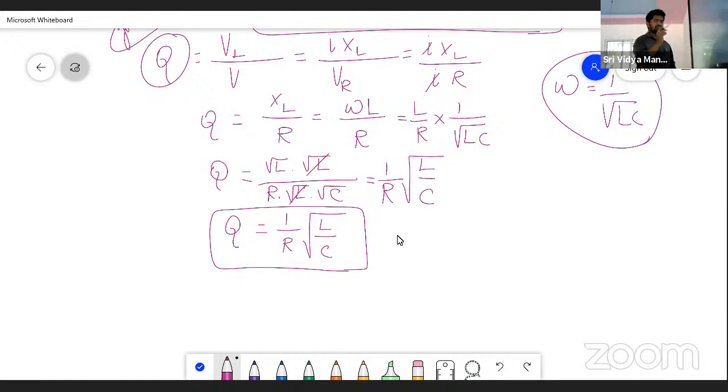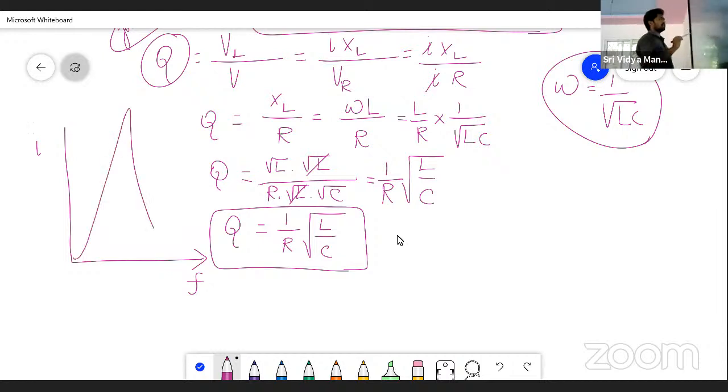The quality factor is related to the sharpness of the resonance in frequency F and current I. The circuit reaches a sharp point. Listen to me, this is the FR value, where current is maximum, I maximum.